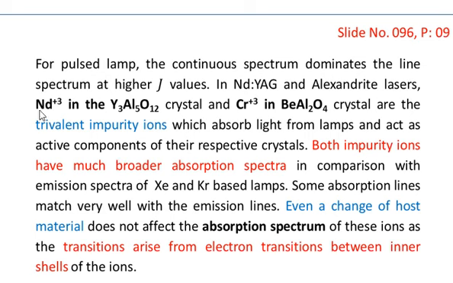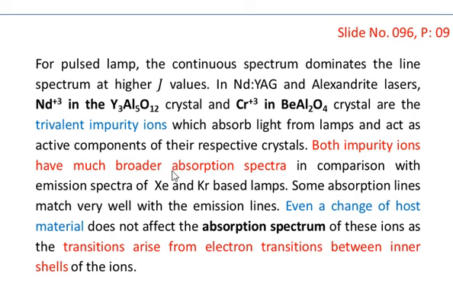That is, the Nd ion will act as an active component in Y3Al5O12 crystals, and the chromium ion will act as an active component in the BeAl2O4 crystals.